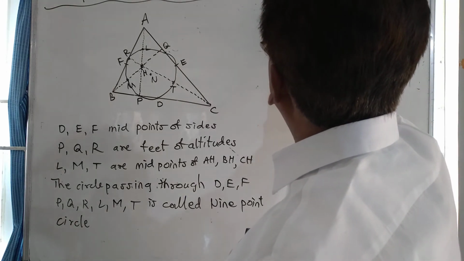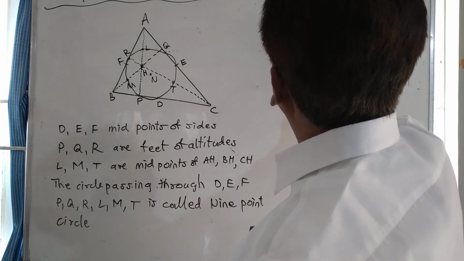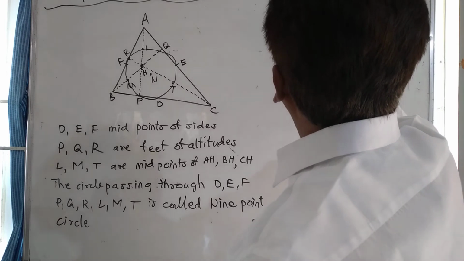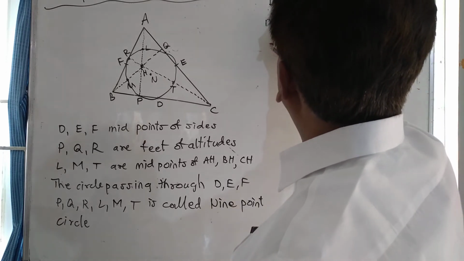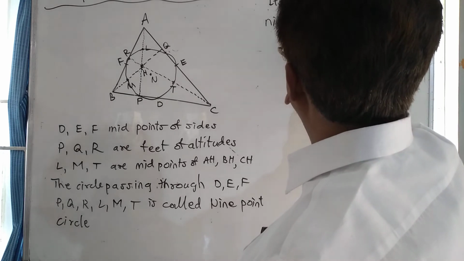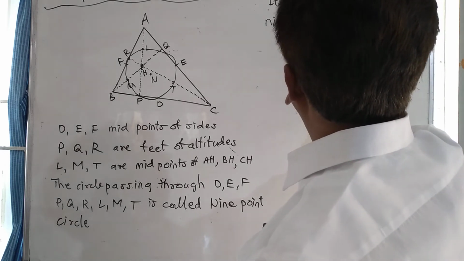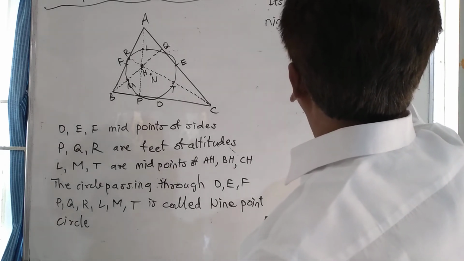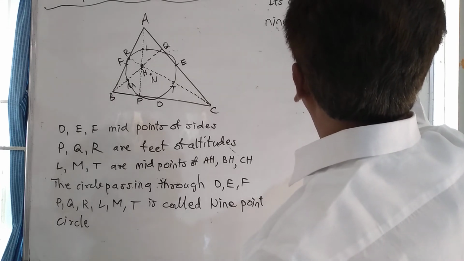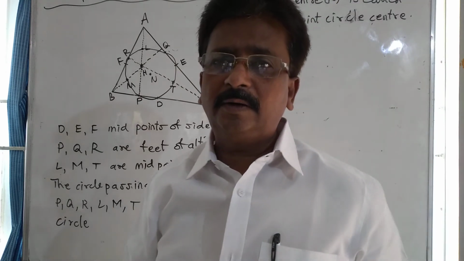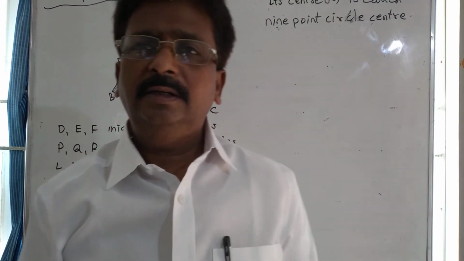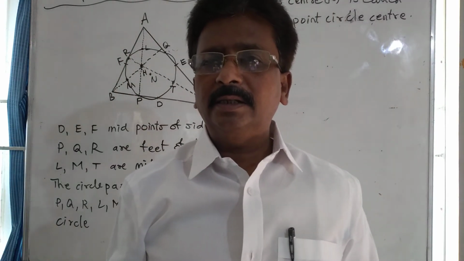Its center N is called the 9-point circle center. Okay, the definition is over. We have understood what the 9-point circle is.